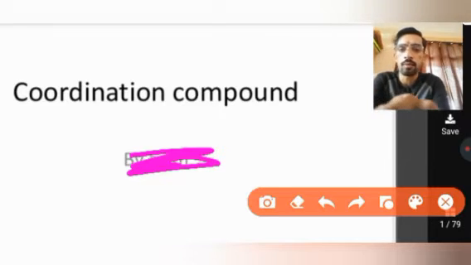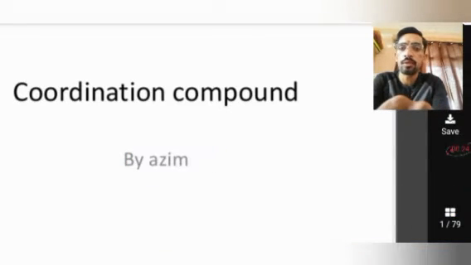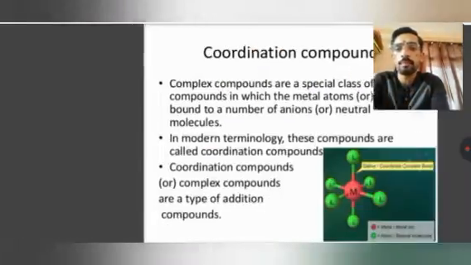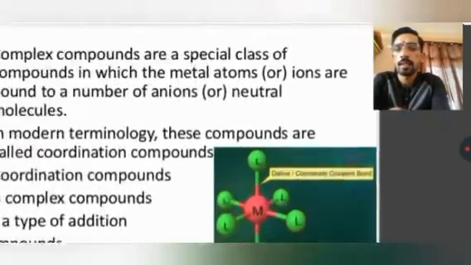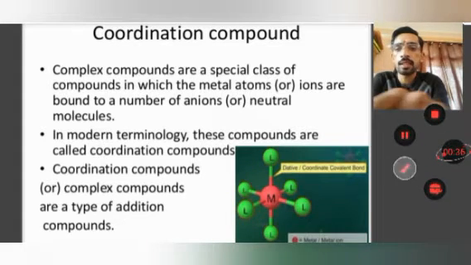We are starting our coordination compound chapter. So let's start with these basic slides. With the help of these slides, I'm going to tell you about coordination compounds. Dear students, what is a coordination compound?